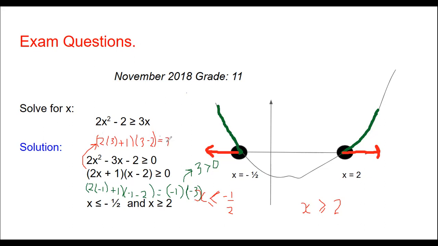So you have 7, and 3 minus 2 is just going to be 1, and 7 times 1 is 7, and that is greater than 0, which is what we wanted over here. So that's how you check to see if your inequalities match. Okay.